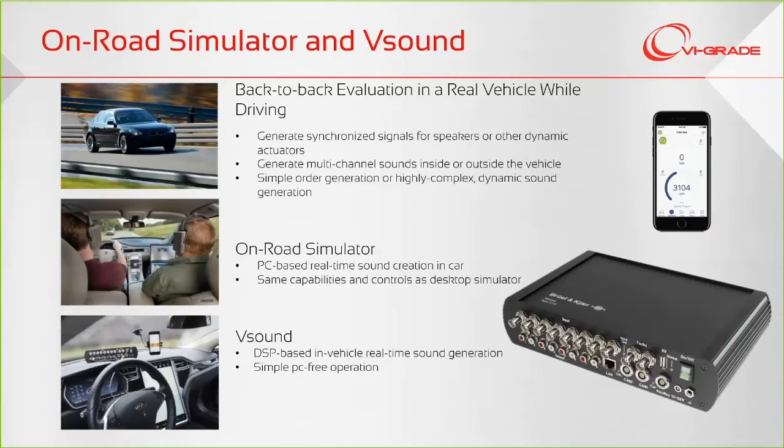If you've got a sport mode, you can switch between modes. All that stuff is possible in the vehicle. And we would normally play this back either over headphones, we can play it back over the existing speaker system in the car, we can add extra speakers in the car, and we can do all this with multi-channel audio.